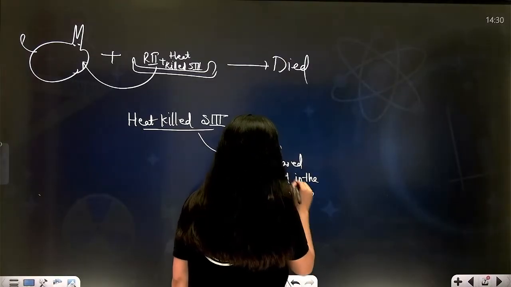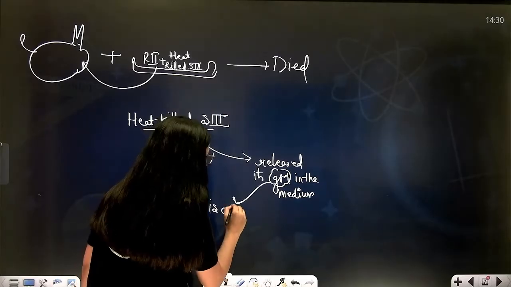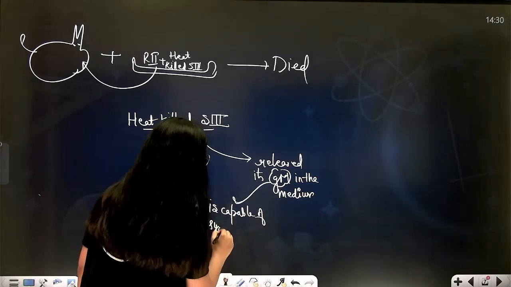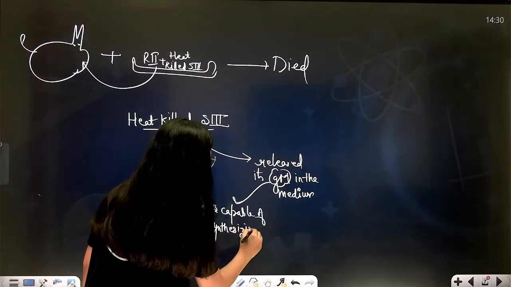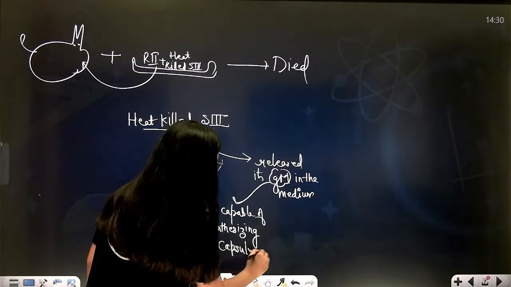Now this genetic material, beta, is capable of synthesizing capsule again. Right? Have you all understood?